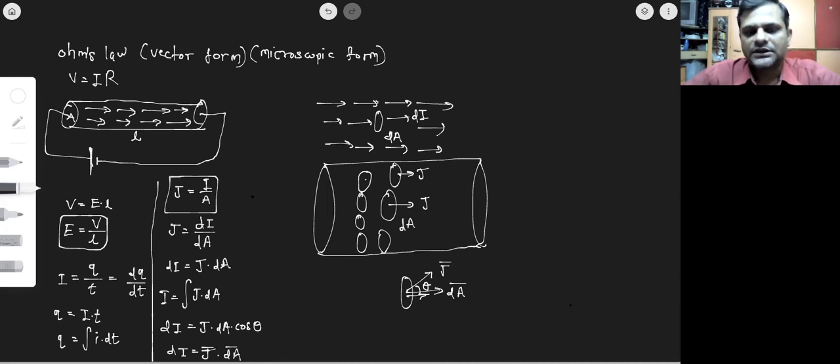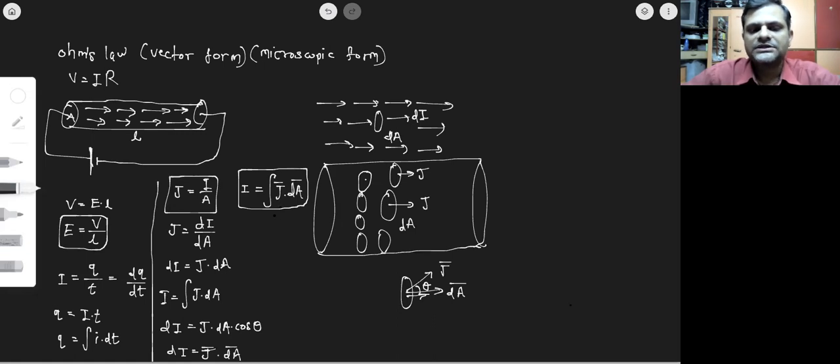So the total current passing through any irregular shape can be obtained by integration of J bar dot dA bar. Remember this correctly. So this is the most general formula for current, remember, in terms of current density.